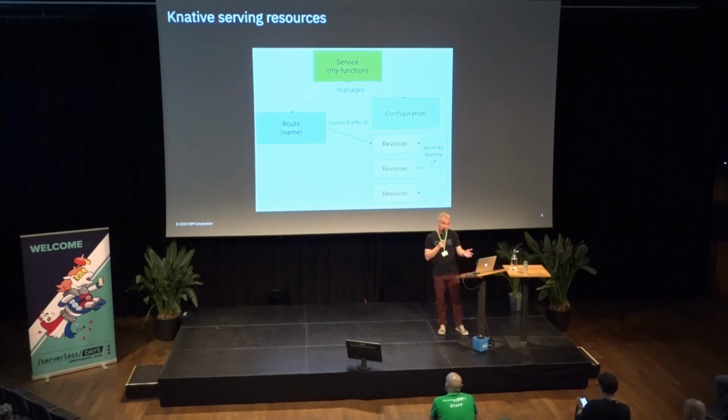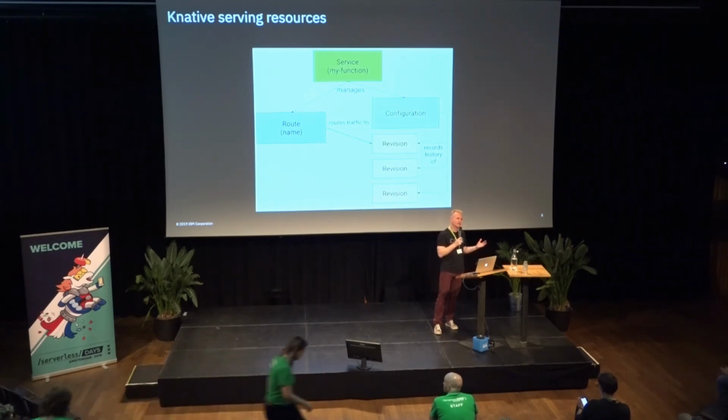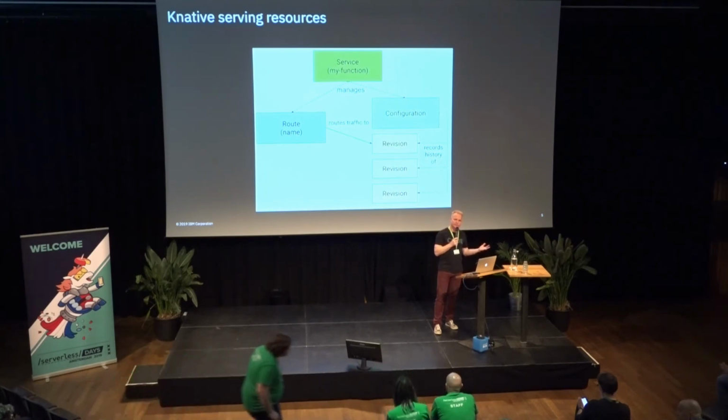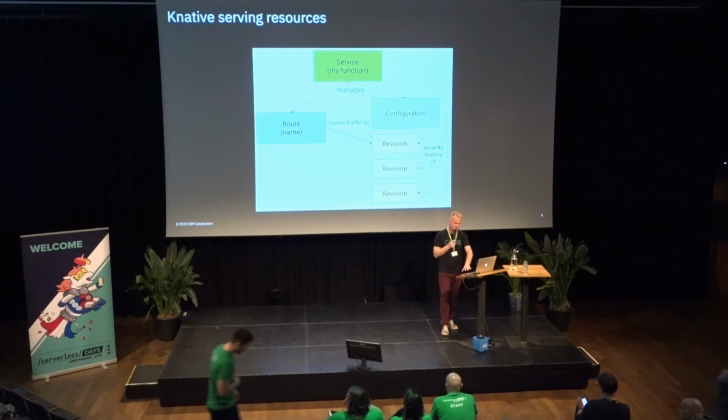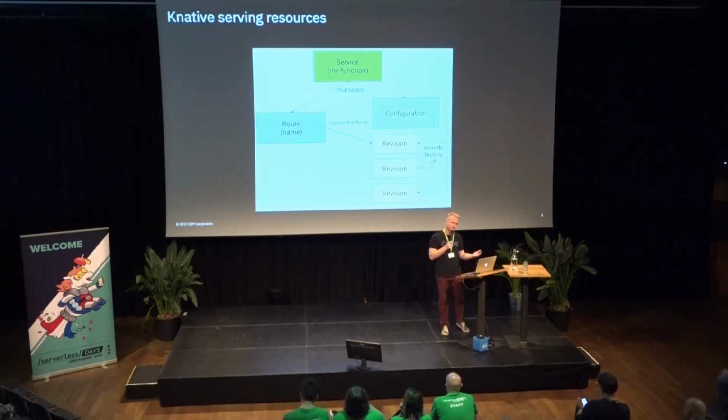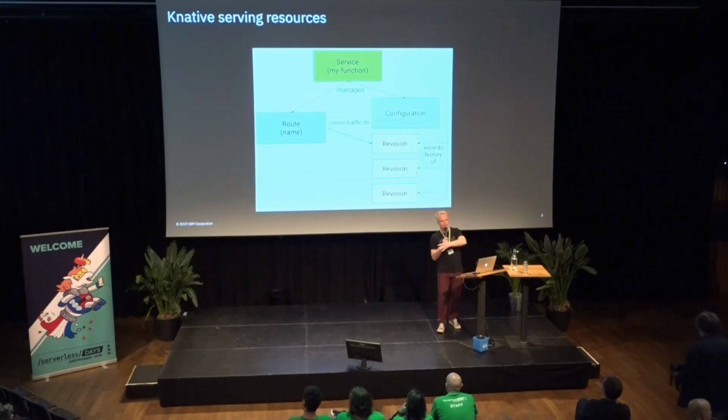The route is really the Istio component, and a revision is an immutable running environment or container in your environment. When you deploy a new service or a new version of your service, you create a new revision. And revisions can live next to each other.